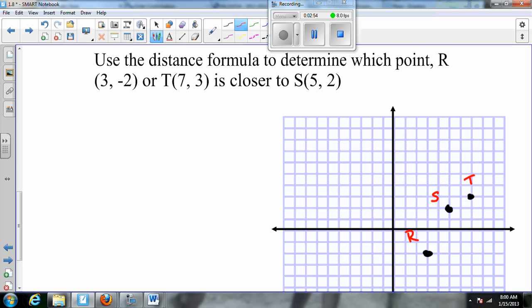We want to know which one is closer. Now, sometimes you can tell just by looking at it, but you won't always have a coordinate plane, so we can use the distance formula. We need to do the distance of the segment RS.